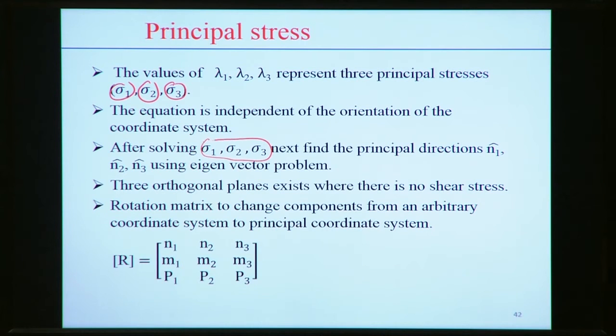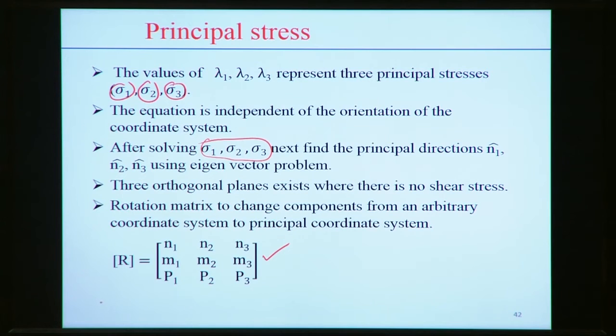So once we find the principal stress values sigma 1, sigma 2 and sigma 3, then we need to find the principal directions n1, n2 and n3 using eigenvector problems. We are not going into details of how to find the principal direction, but we can highlight that 3 orthogonal planes exist where there is no shear stress.